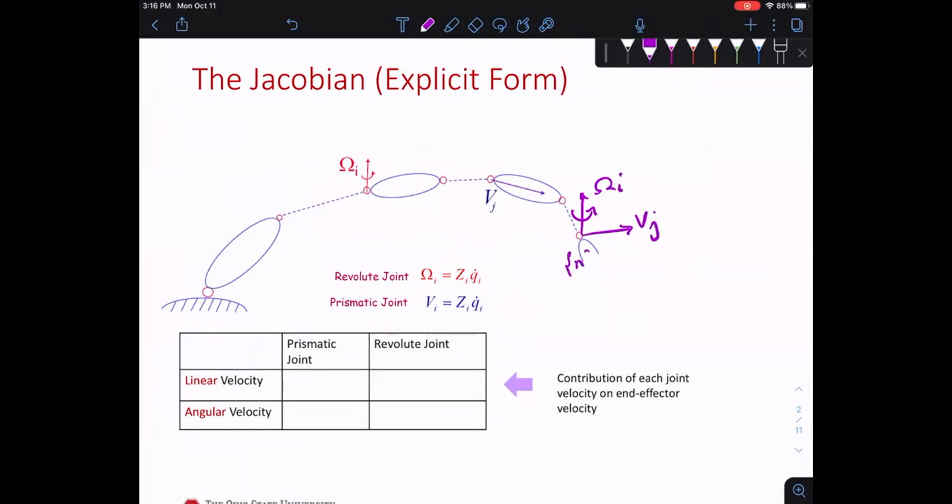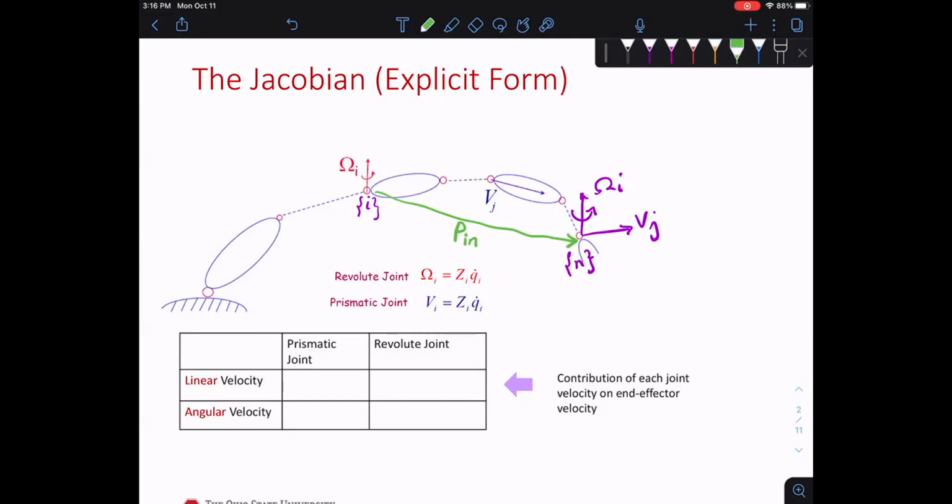Now, if this was your frame n, so you're in frame i, the distance between these two is p from i to n. So I picked two random frames. This just means there is a prismatic joint somewhere before that, and there is a bunch of revolute joints before that. So you have both elements available.